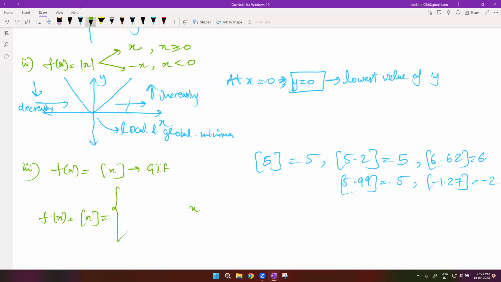For example, when x is between 0 and 1, you have to break x into multiple cases to define the function. You have to break the domain of x at every point where the graph is discontinuous. Now, this graph is not continuous, first of all.